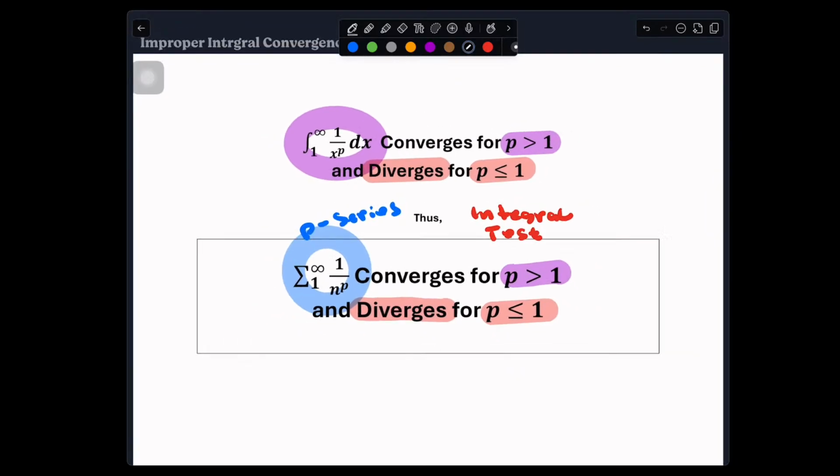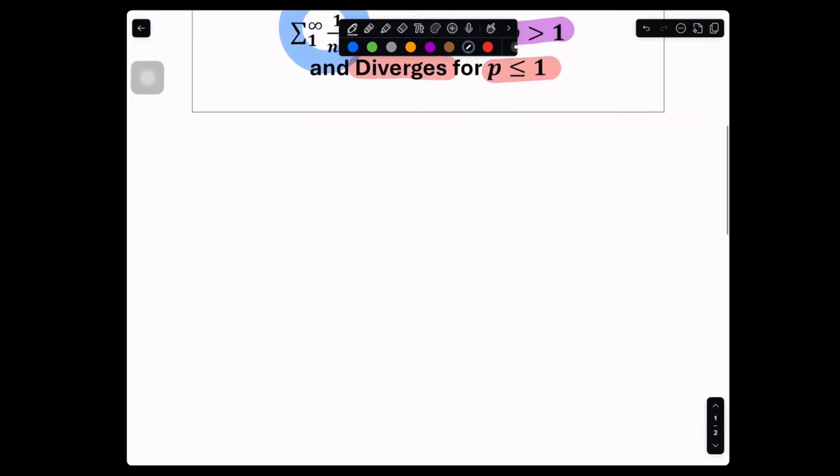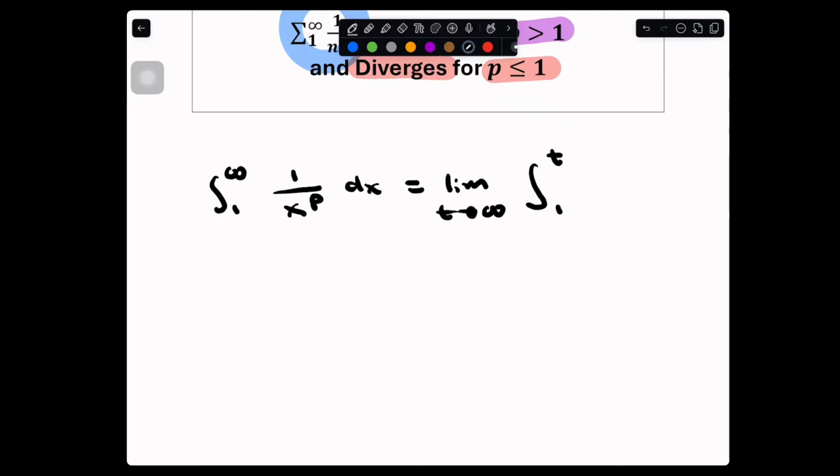So we start with the integral from 1 to infinity, 1 over x to the p power dx, which is defined to be the limit as t goes to infinity as we integrate from 1 to t, 1 over x to the p dx.